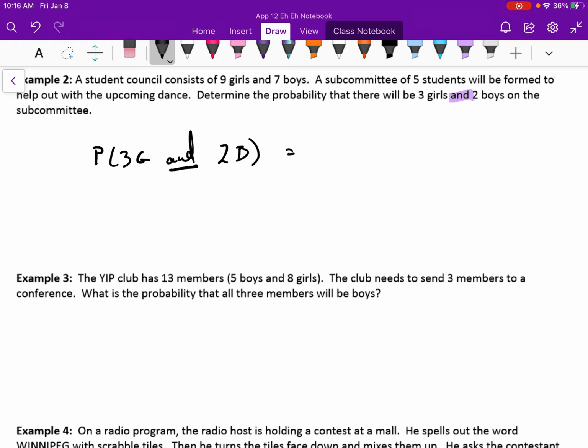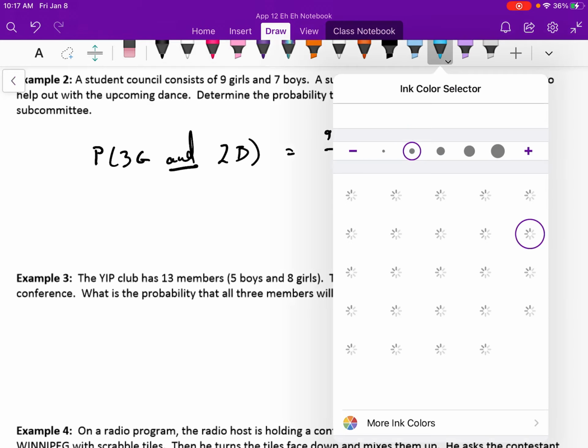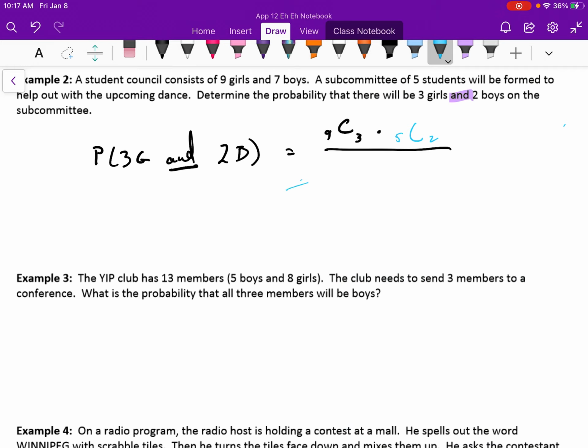So I need to figure out how many different ways can I create a subcommittee of 3 girls and 2 boys. I'm going to choose 3 girls, so I need to choose 3 girls out of 9 to go on my subcommittee. And let's move on to the boys. The boys, I have 4 to choose from, and I need to choose 2 boys out of 4. Now, in the bottom, how many different ways can I make a subcommittee of 5 students?